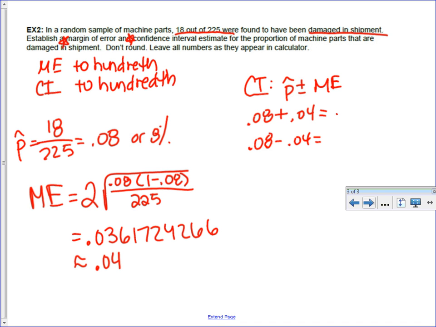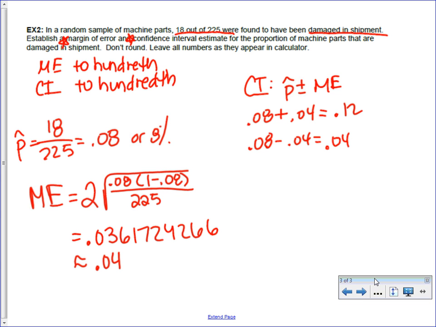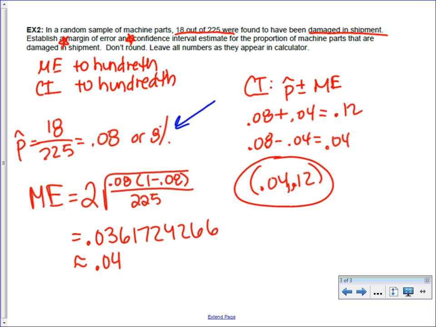Okay, so we end up getting 0.12 and 0.04. So again, let's think about what this actually means. From just our sampling, we found that 8% of machine parts were damaged in shipment.